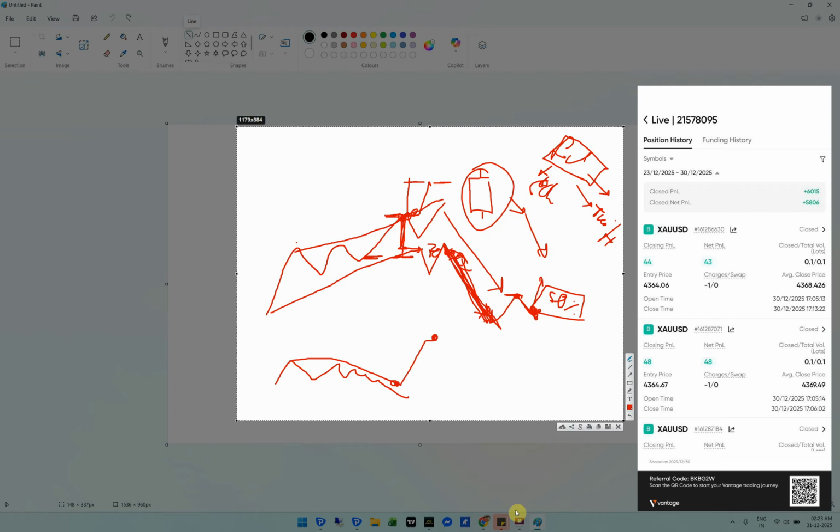So if you draw the Fibonacci from top to bottom, so what I'm telling you is that after that, if you see here, technical.